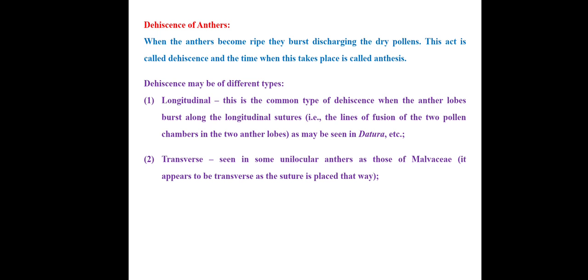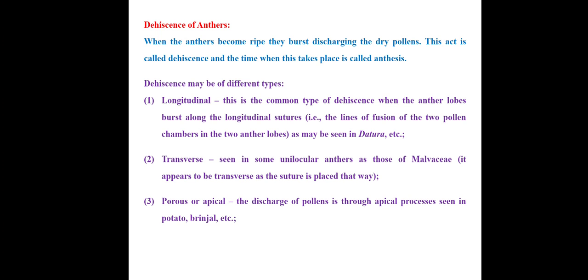Second one is transverse. It is seen in some unilocular anthers as those of Malvaceae. It appears to be transverse as the suture is placed in that way. Third one is porous or apical. The discharge of pollen is through apical pores, seen in potato, brinjal and members of Solanaceae.